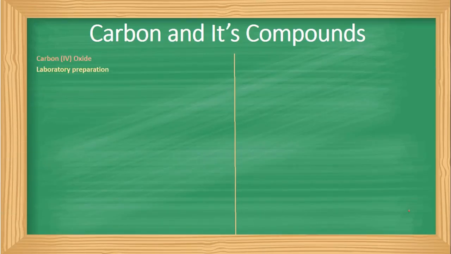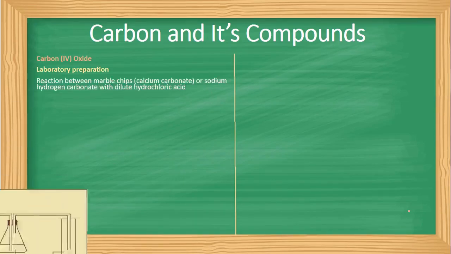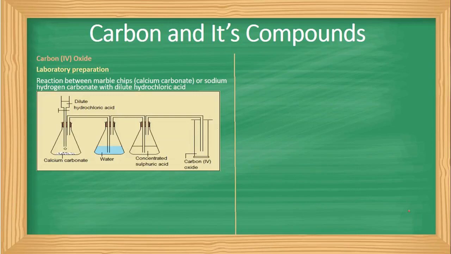Now let us look at compounds of carbon, and we start with carbon 4 oxide. Let us look at how it is prepared in the laboratory. This happens when calcium carbonate or marble chips is reacted with hydrochloric acid. You can also react sodium hydrogen carbonate with hydrochloric acid and get carbon 4 oxide.